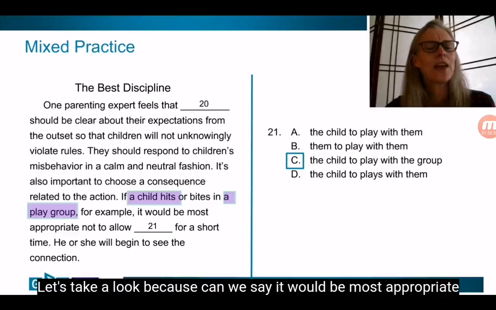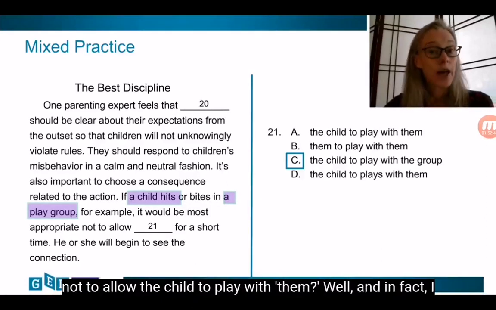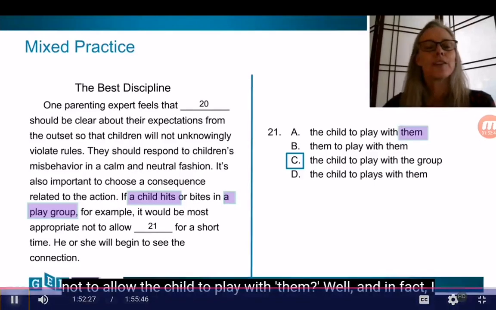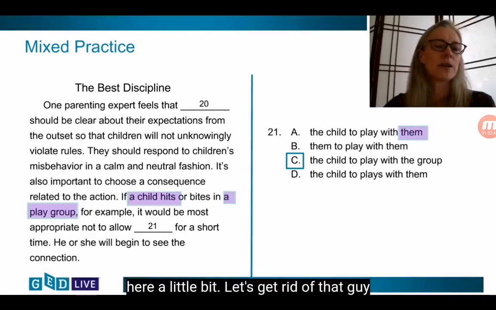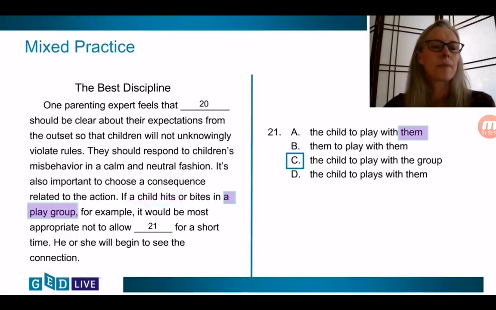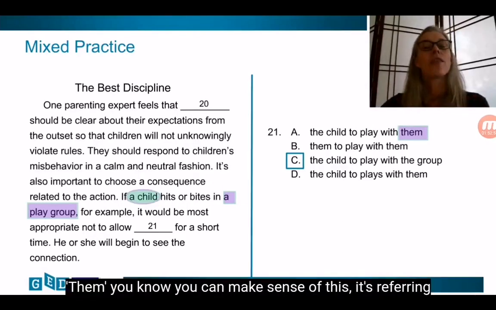Let's take a look, because can we say it would be most appropriate not to allow the child to play with them? Well, in fact, I think I want to change my annotation here, my highlights here a little bit. Let's get rid of that and make it blue instead. Okay, them, you can make sense of this.